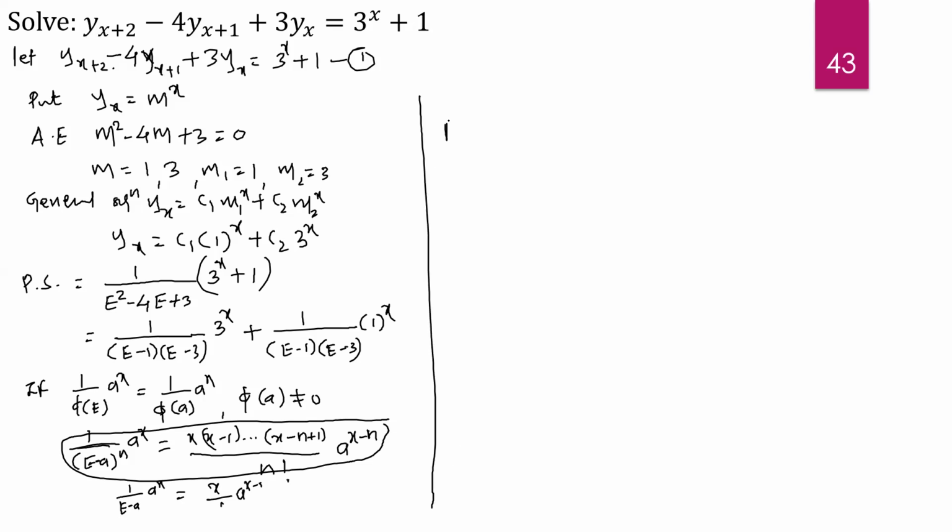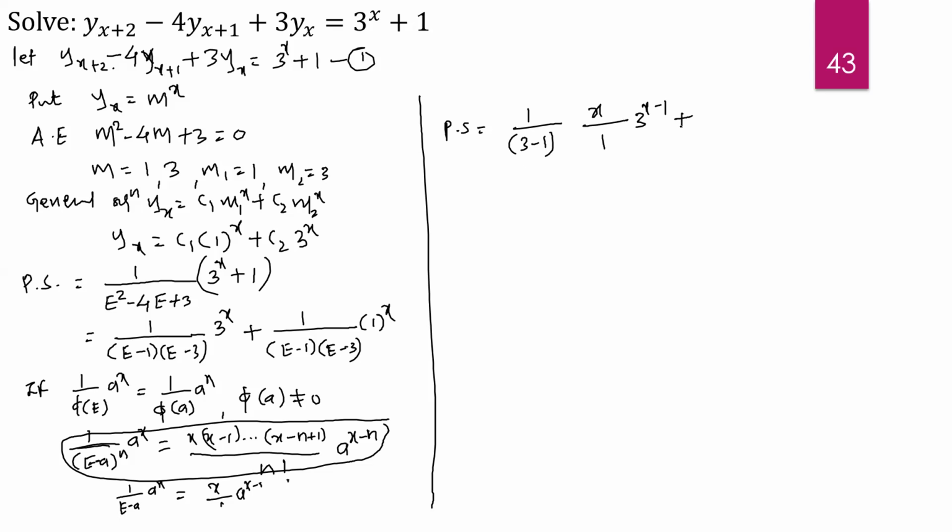Now, the particular solution is equal to 1 upon 3 minus 1. So here there is no problem for the first factor. For the second factor we apply this formula, that is x divided by 1 factorial and 3 raised to x minus 1.